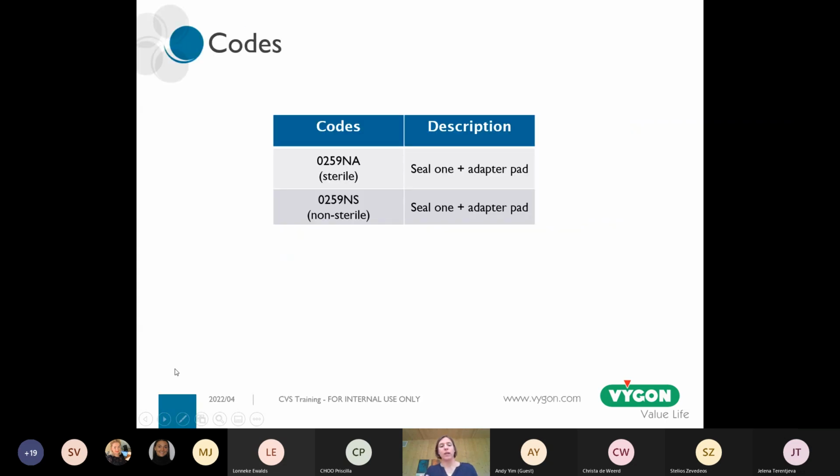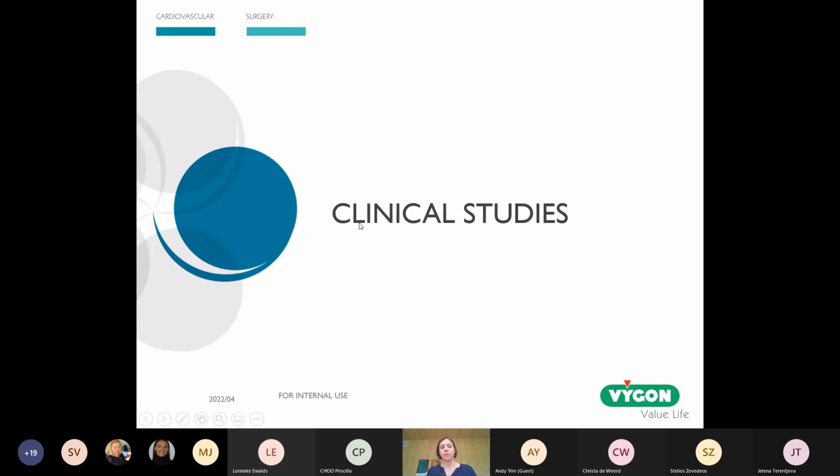As I told you, we have one sterile reference for all the patients, and we have a non-sterile one. We have the chance to have some clinical studies for SIL1, and last year we had 2 new studies.